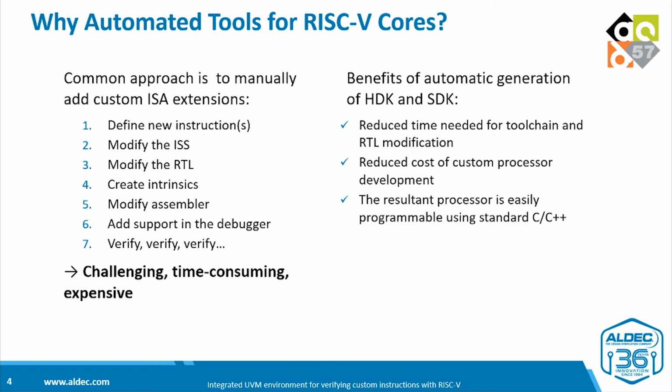All together a challenging, time-consuming, and expensive process. On the other hand, as I hope to show you, if you automatically generate your HDK and SDK using Studio, you reduce the time needed for toolchain and RTL modification, you reduce the cost of custom processor development, and the resulting processor is easily programmable using standard C or C++.